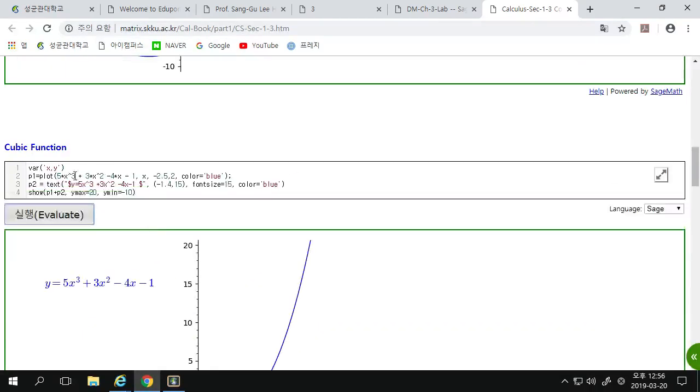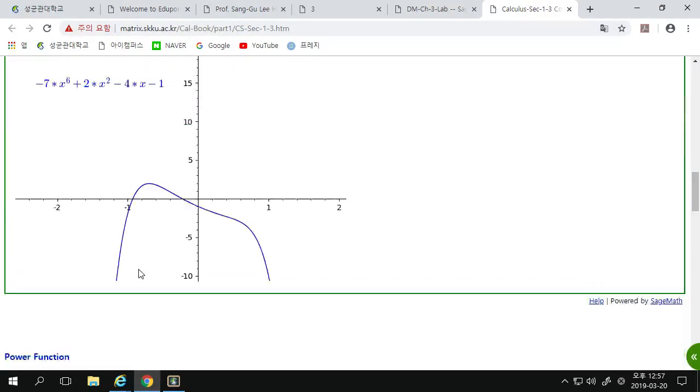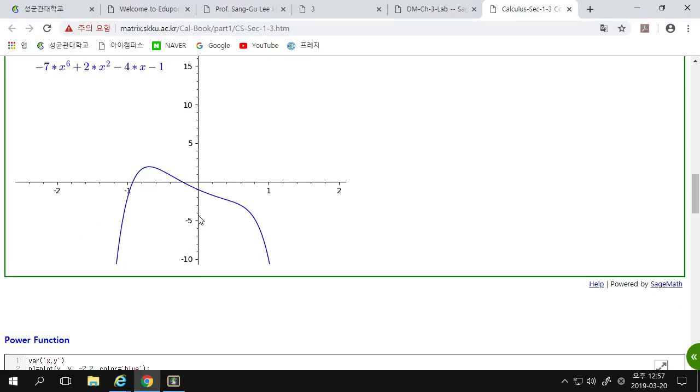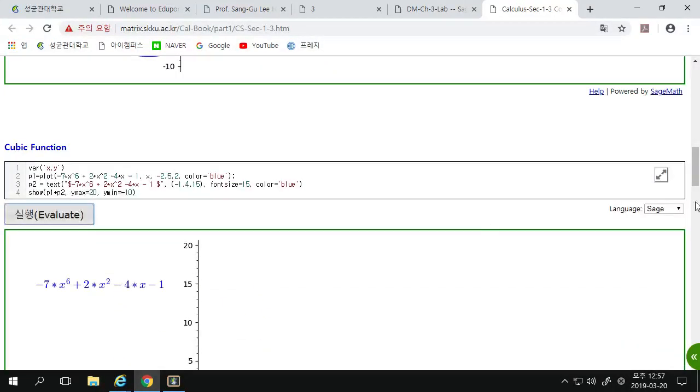If you change the range to something like minus 7 to 7, or 6 or 2, and then you want to draw the graph of it, then you will have this function here, like this, isn't it?